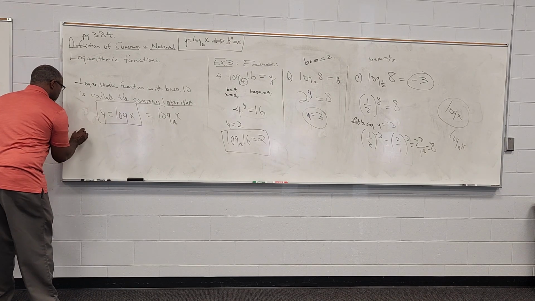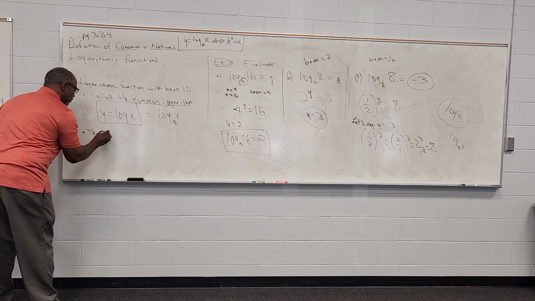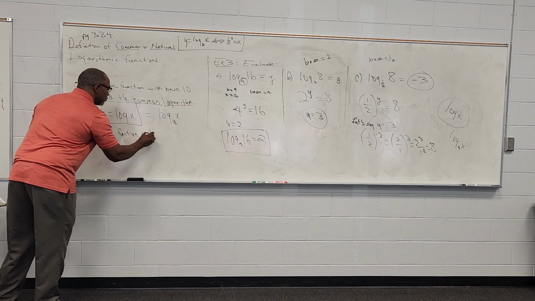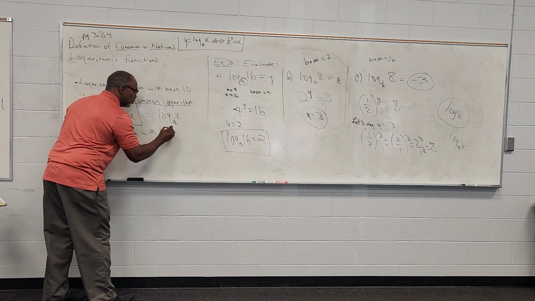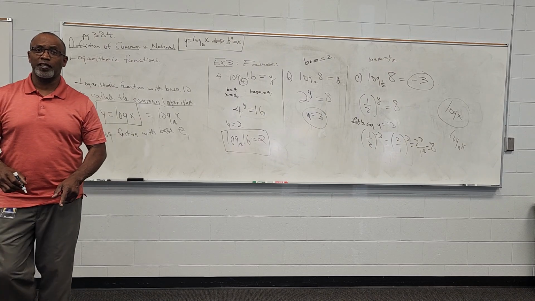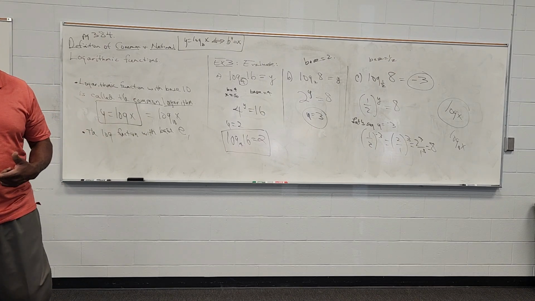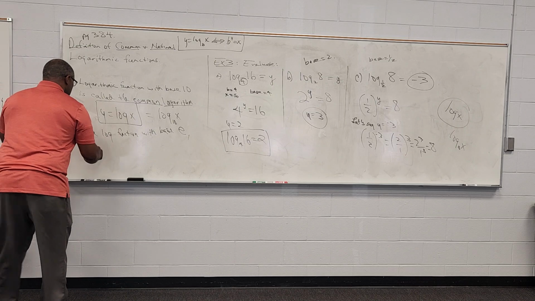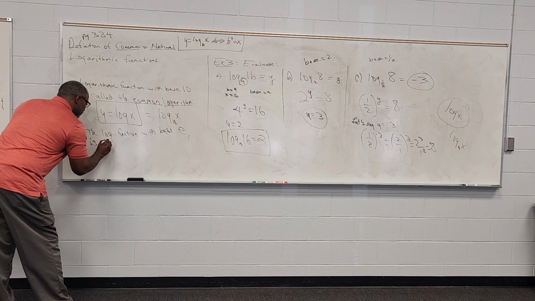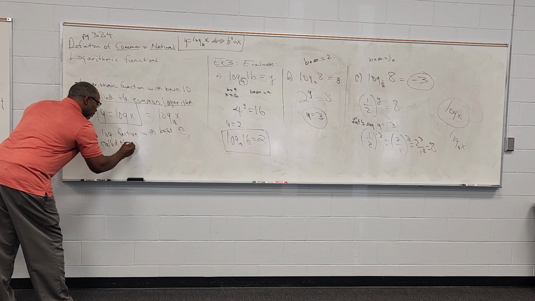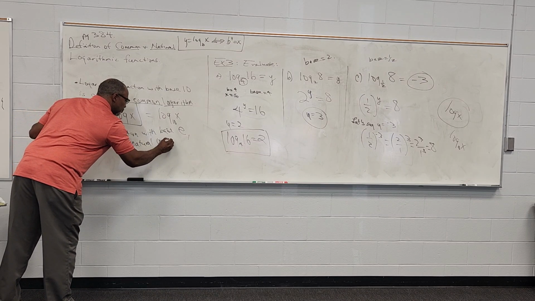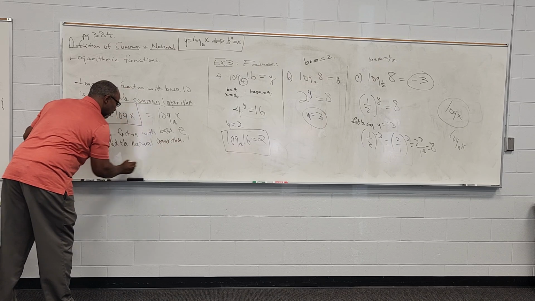The logarithmic function with base e. Remember e from when we did these exponential functions in the last section? e is 2.718, etc. Okay? That is called the natural logarithm.